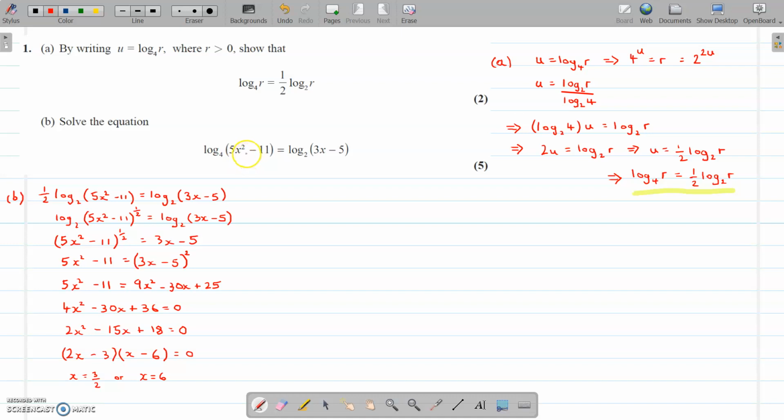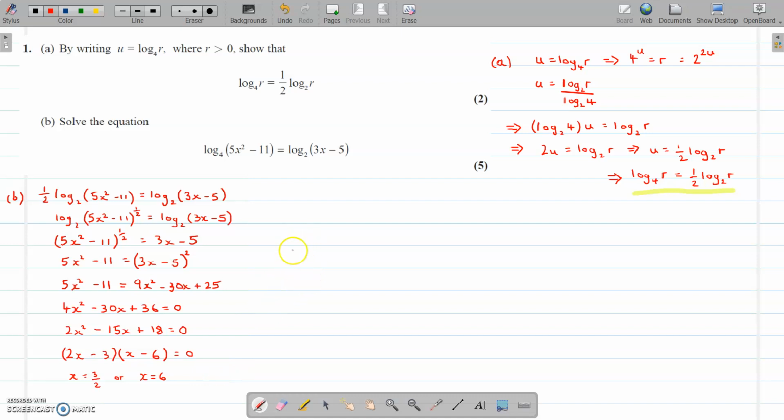Okay, now if I put here in this bracket 3 lots of 3 over 2, that's 1.5, times 3 is 4.5. 4.5 minus 5 makes a negative number, negative 1/2. Therefore, it cannot be 3 over 2. All right. If you put 6 into either of these, you end up with a positive number, which is okay. So the only valid solution is 6, but we should exclude the 3 over 2 and explain why.